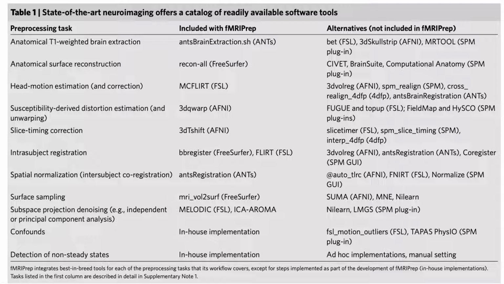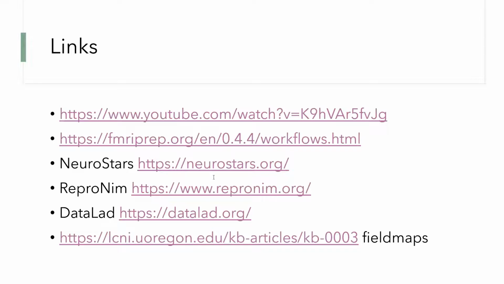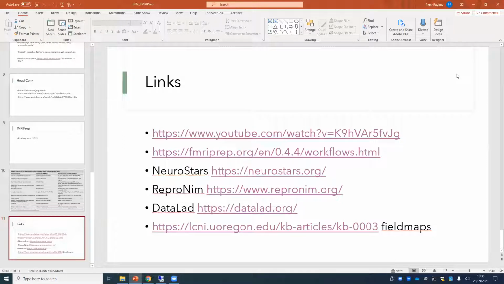And they're often based on what would work best with some of the other steps in the pipeline. Specific versions of the software matter, because different versions can give quite different results. Yeah, there are unfortunately different versions of fMRIPrep.